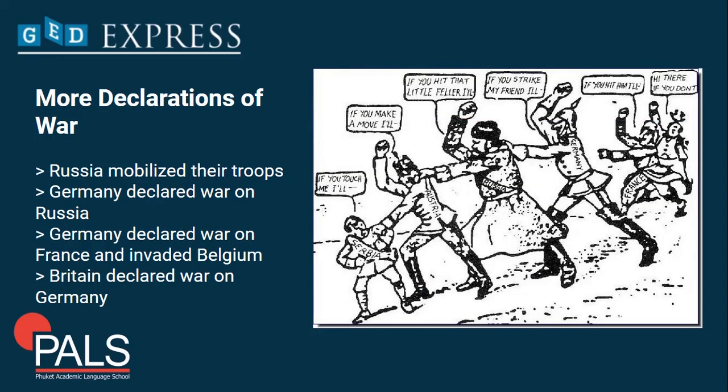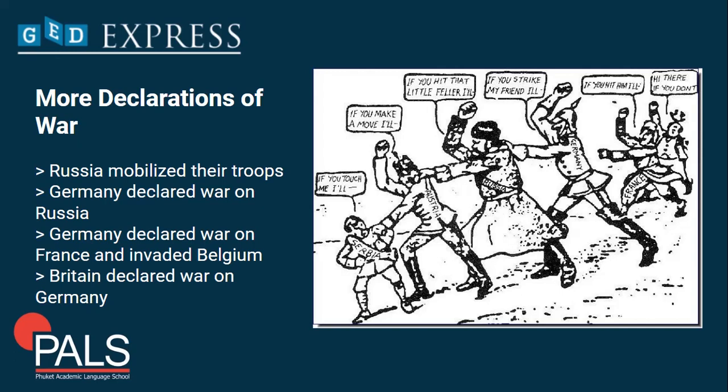Now, a lot of events followed after that, within the next few days. After the declaration of war, Austria-Hungary had hoped that they could quickly take over Serbia and that Serbia's ally Russia would not risk a major war in order to help Serbia. However, they figured wrong.